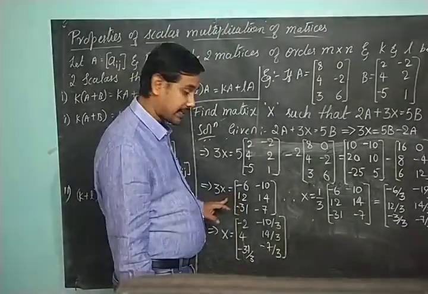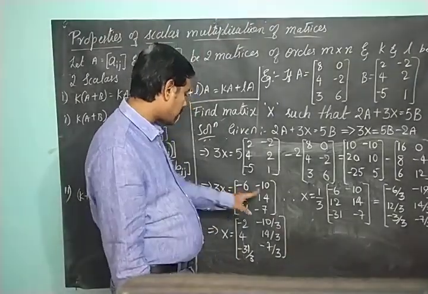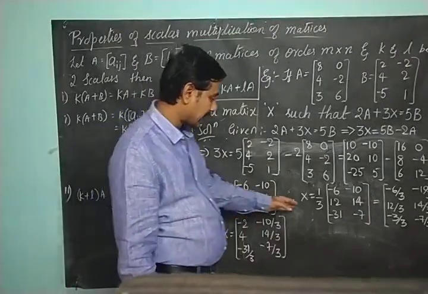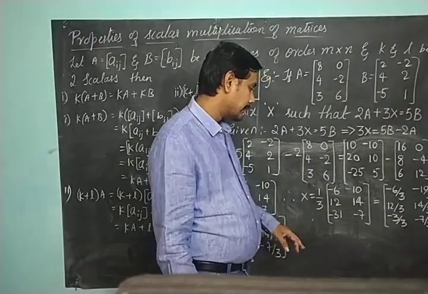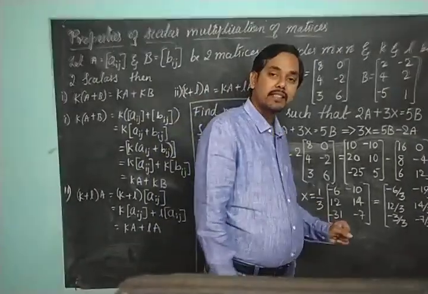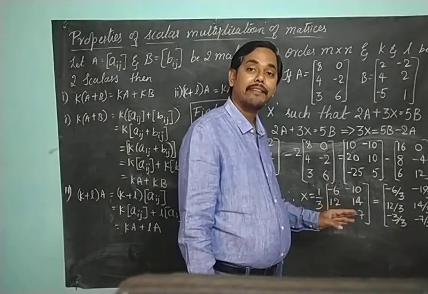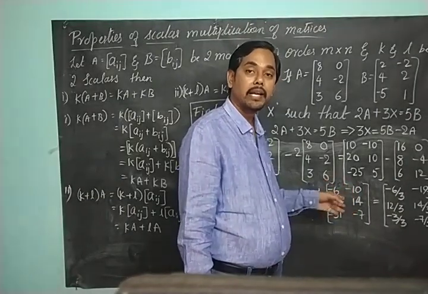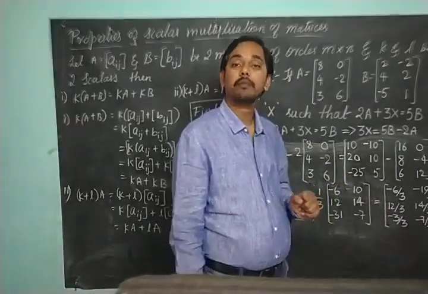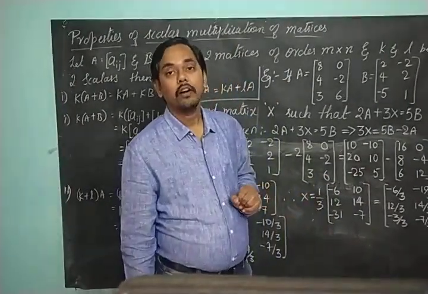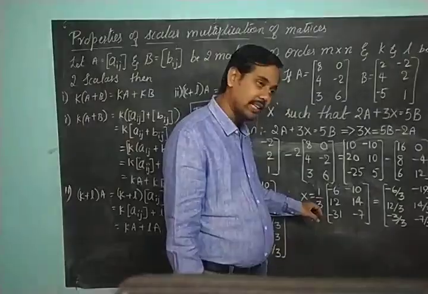This matrix is 3X. What we need is X. So what will be X? 1 upon 3 into this matrix. So X can be written as 1 over 3 of this matrix. As 1 upon 3 is a scalar, it is multiplied to this matrix, so each and every element will get multiplied by 1 upon 3, or in simple words, each and every element gets divided by 3.